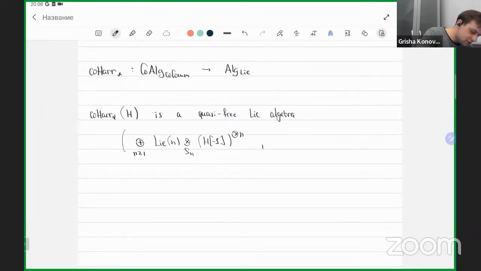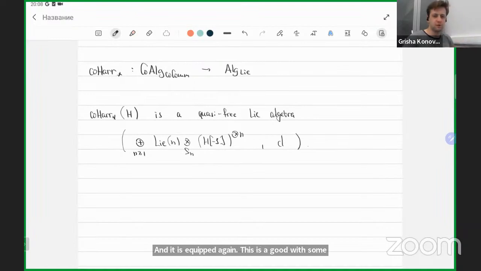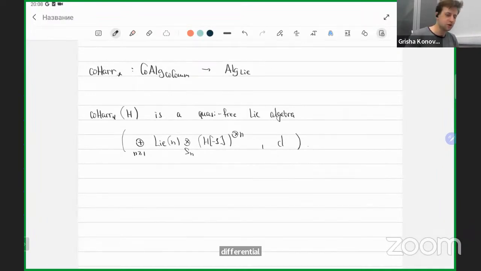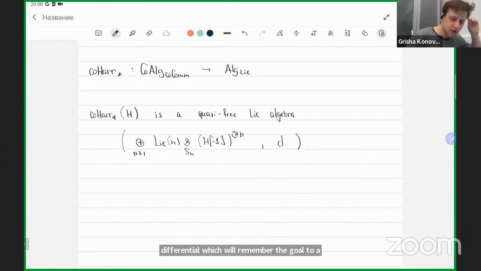And it is equipped, again, with some differential, which will remember the coalgebra structure on the left-hand side.